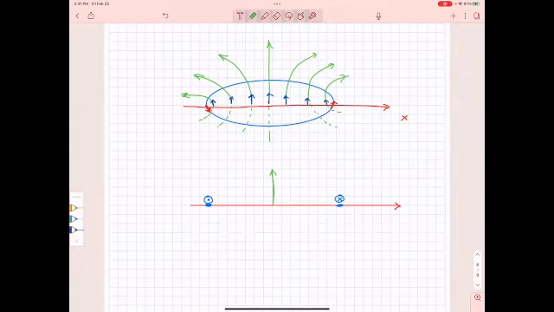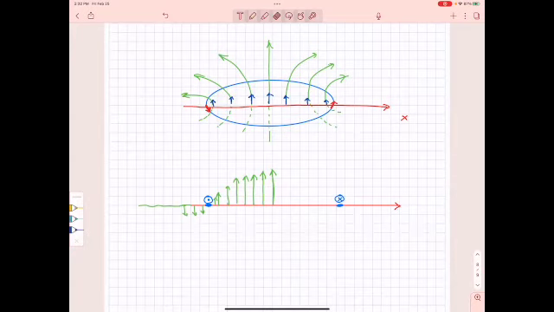Then let's look at this side. It's going to be probably something like, they will go down, but not very fast. And then when you come here, go like this. And then what happens? When you go out, the direction of the field is going to be like this.